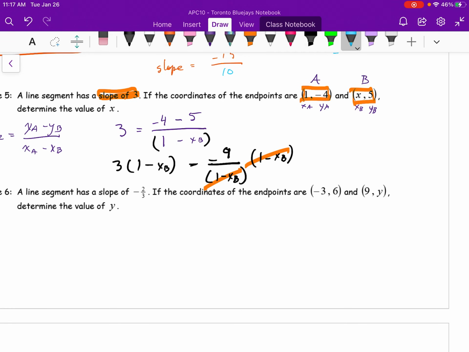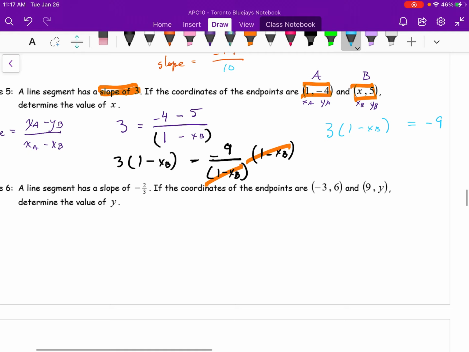All right, so I'm just going to rewrite this, try to make this a little bit nicer on the eyes. And there we have it. So I have 3 times, open brackets, 1 minus XB, is equal to -9. Now remember our rules for dealing with equations. We have a whole bunch of rules, but they boil down to what you do to one side of the equation, you must do to the other side.